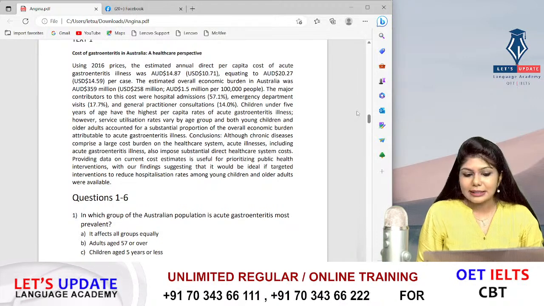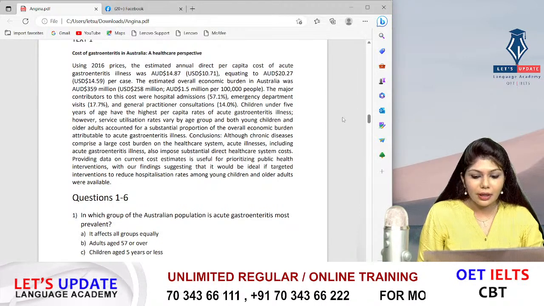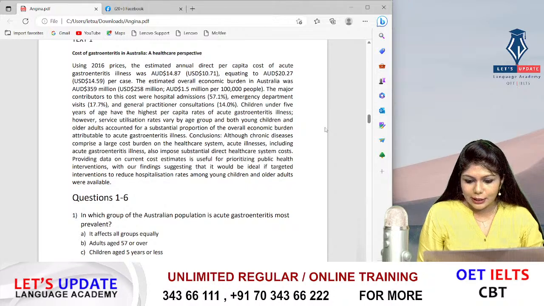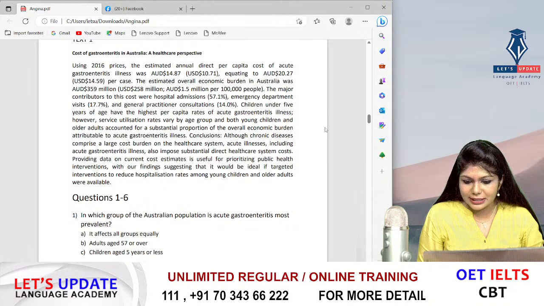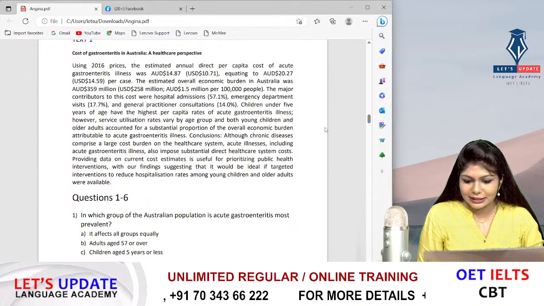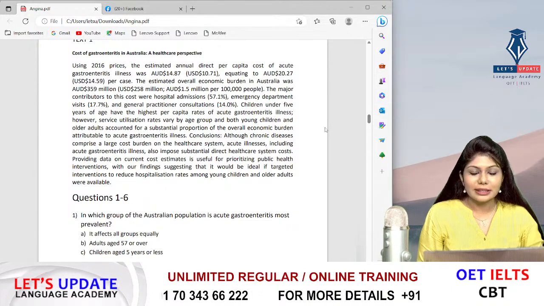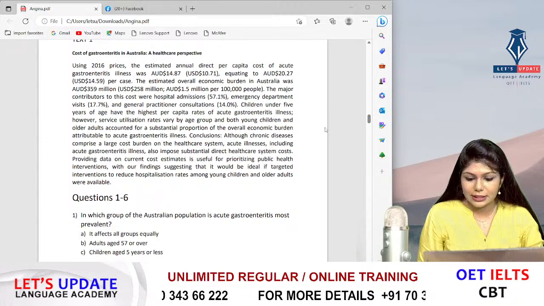It is indeed C, children aged 5 years or less. Amalraj Binoy has also responded with C. Jesse M. Thomas has responded with C. Betsy Matthew with C also. Jinsy Pappy with C also.